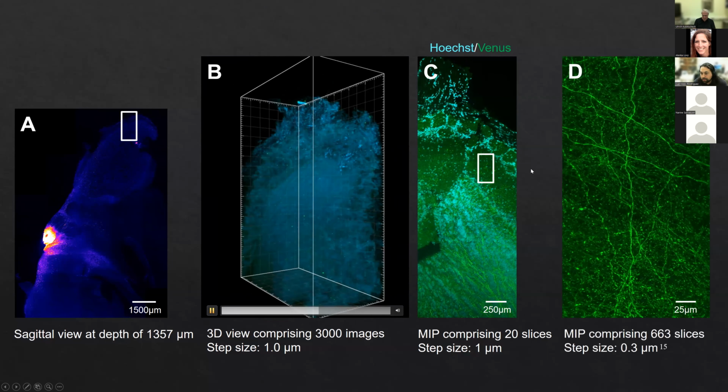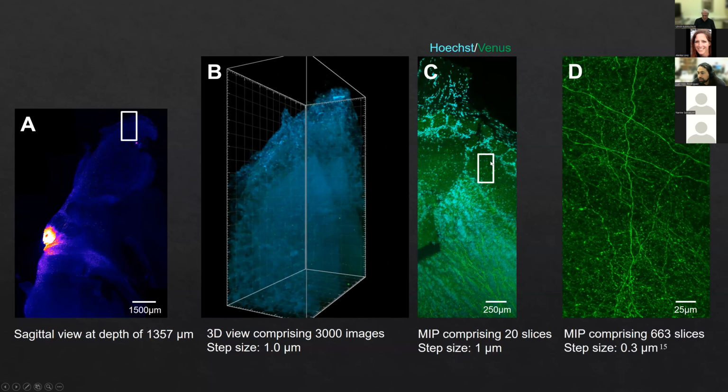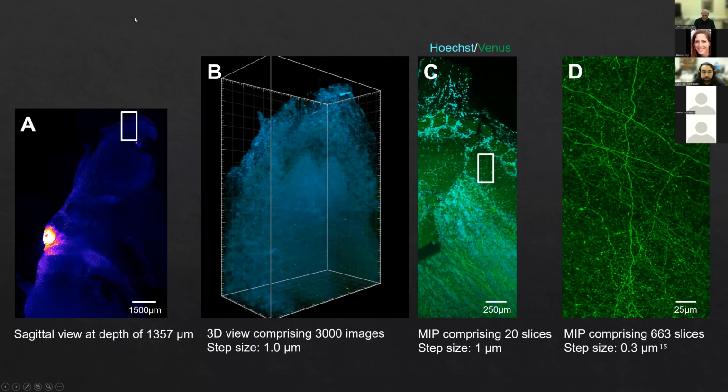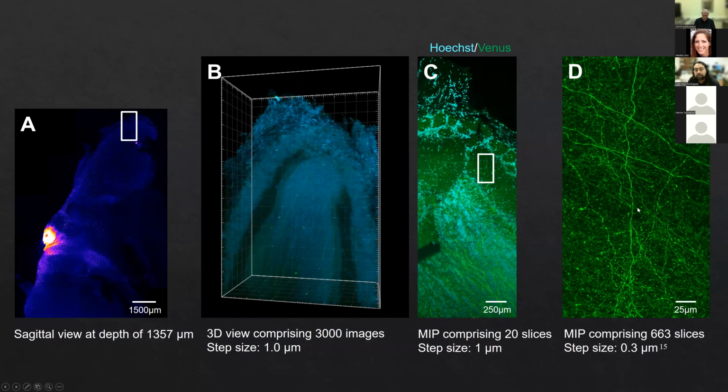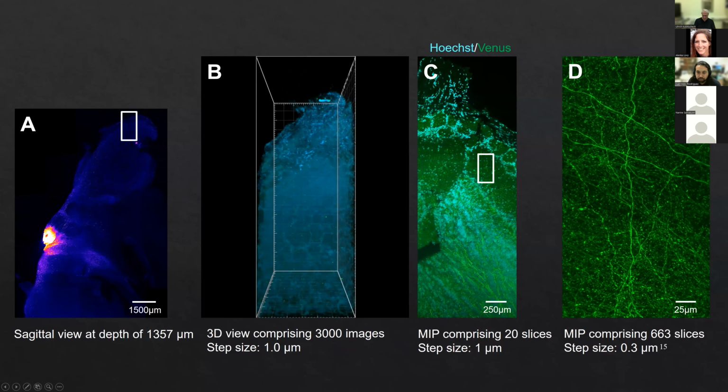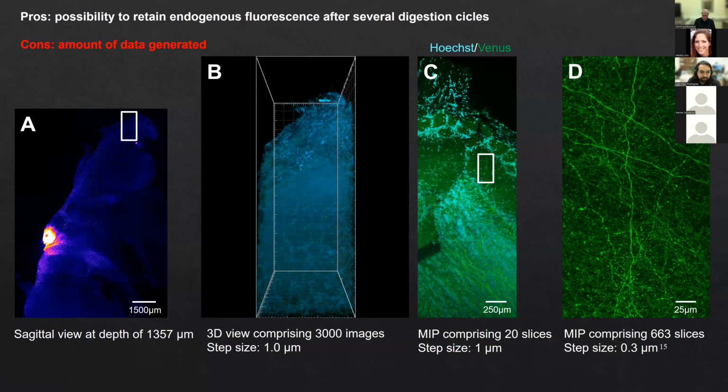If we zoom in even more with a high magnification objective, we can see that in this part we are actually full of these projections from the HDV. What is important now is to see where these projections are going and how they are interacting there. Right. So something good is that we can retain this endogenous fluorescence.